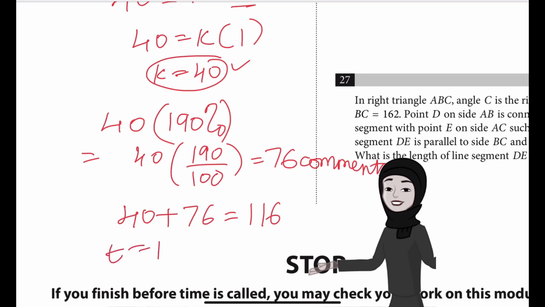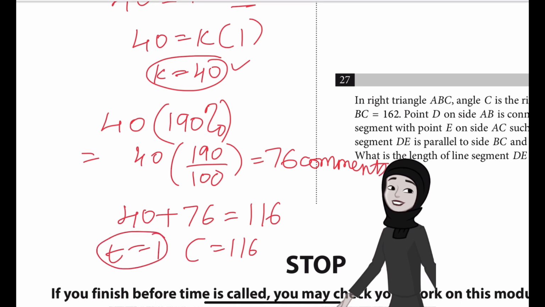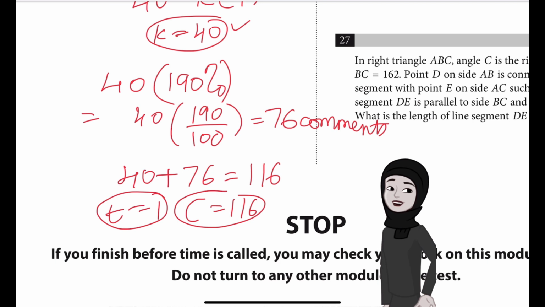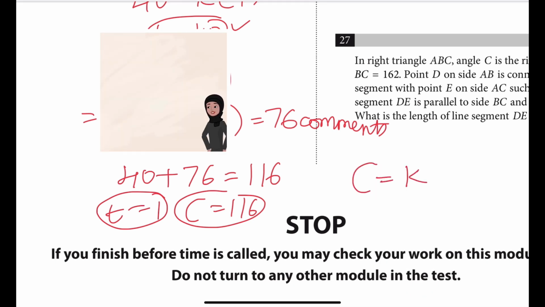So now, when T is equal to 1, C is equal to 116. We will substitute these two values and try to get the value of A in our exponential equation. Our exponential equation, as you know, is C is equal to K times A raised to the power of T, and K we already got to be 40.